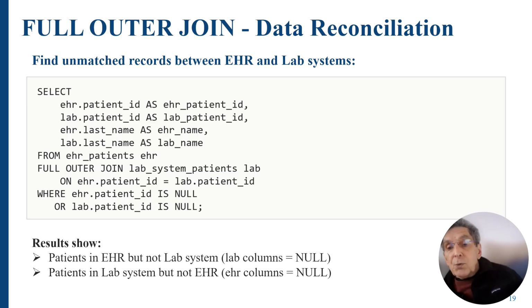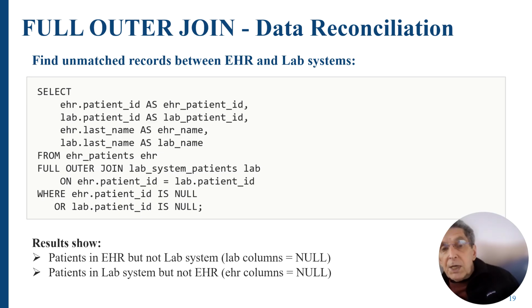We full outer join the EHR patients and the lab system patients on the patient ID and then filter to where either side is null. So the results show 2 types of discrepancies: patients in your EHR with no lab system record and patients in the lab system with no EHR record. Both are problems that should be investigated.